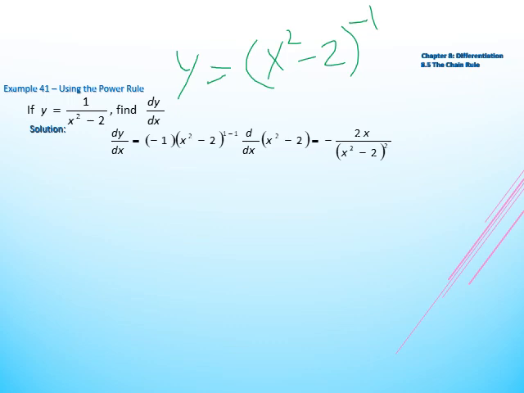Negative 1 times x squared minus 2 without any differentiation, to the power negative 1 minus 1, which is negative 2, and differentiate what is inside the brackets. So we get 2x, the differentiation of x squared minus 2. So the final result will be negative 2x over x squared minus 2, all to the power 2.